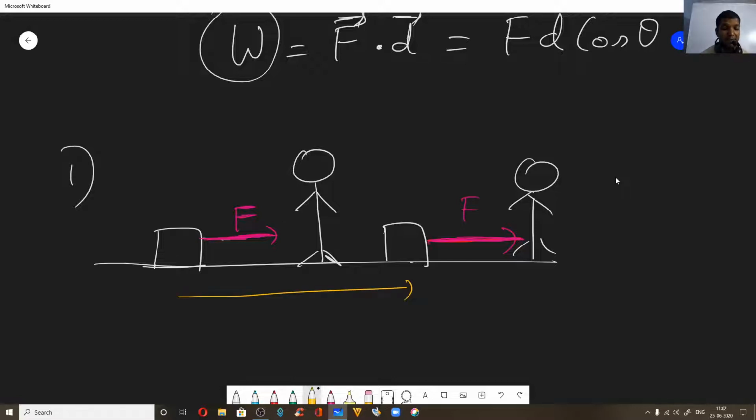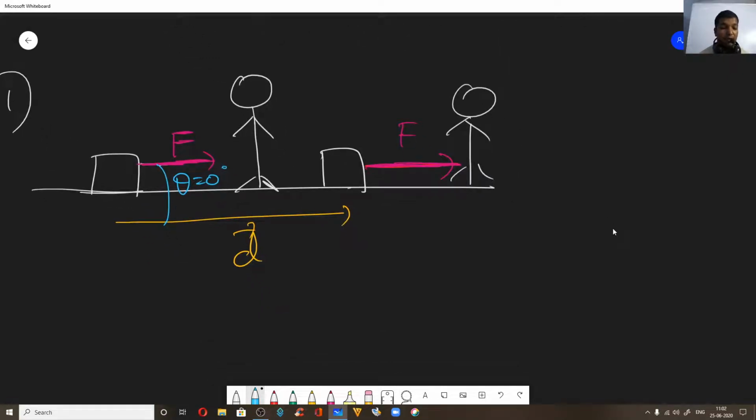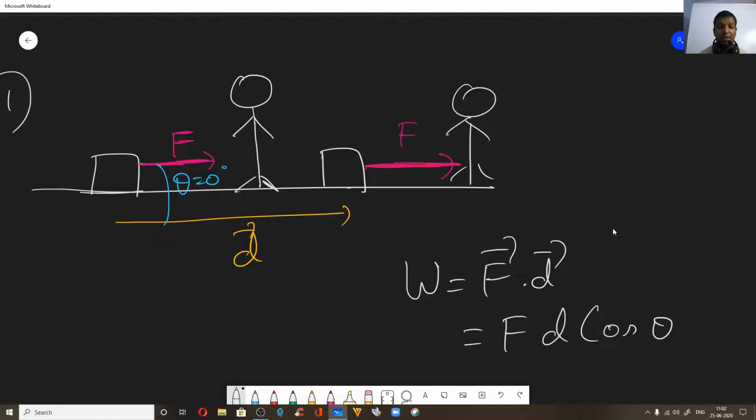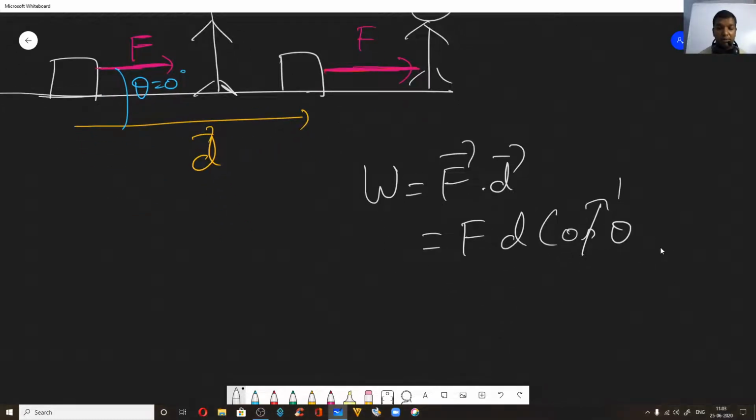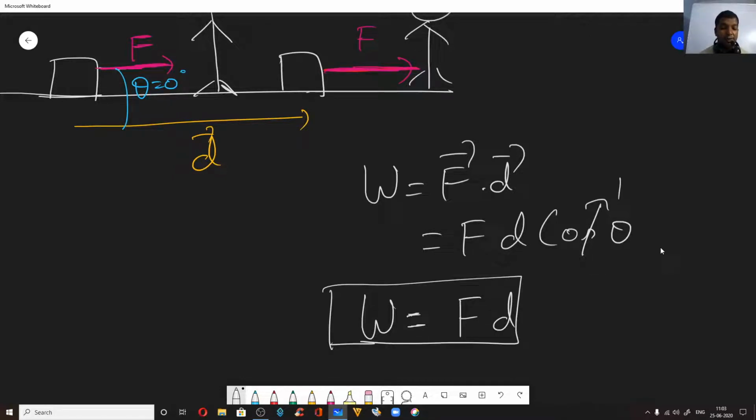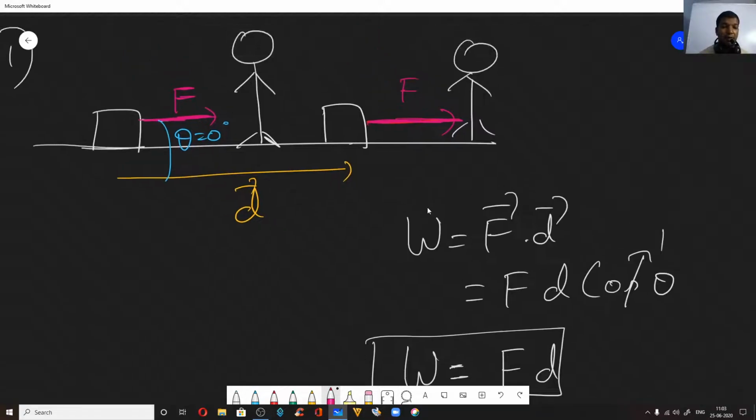Now in this case, the angle between F and D, if you observe, is actually 0, right? If you do the dot product of F and D, we get FD cos theta. Now this theta is 0, so cos theta will go to 1. We saw yesterday that when theta is 0, you simply get the product of the magnitudes of F and D. Now let us give some numerical values.